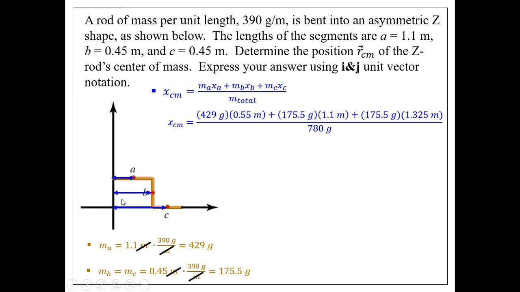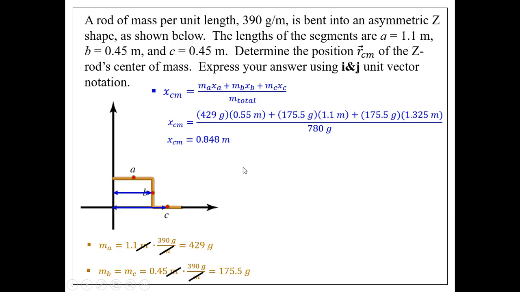It's 1.1 meters away because that's the length of A. And last but not least, that is the X_C value. X_C, once again, is 1.1 plus half of 0.45. If you do that correctly on your calculator, you get a value of 1.325 meters. Then we just divide by the total mass of the whole system, and that will give you an X_CM of about 0.848 meters.